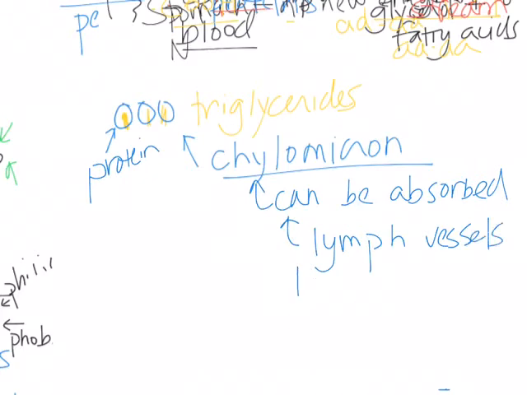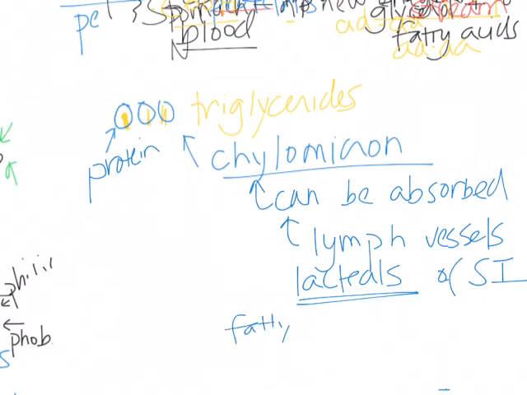These specific lymph vessels are called lacteals, the lacteals of the small intestines. Then it gets unwrapped, and the fatty acids eventually get dumped into the blood when the lymph vessel joins the blood.